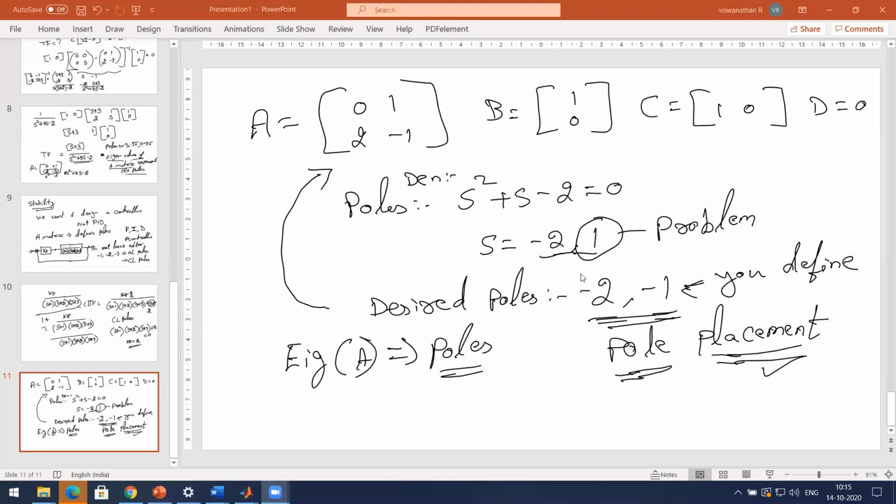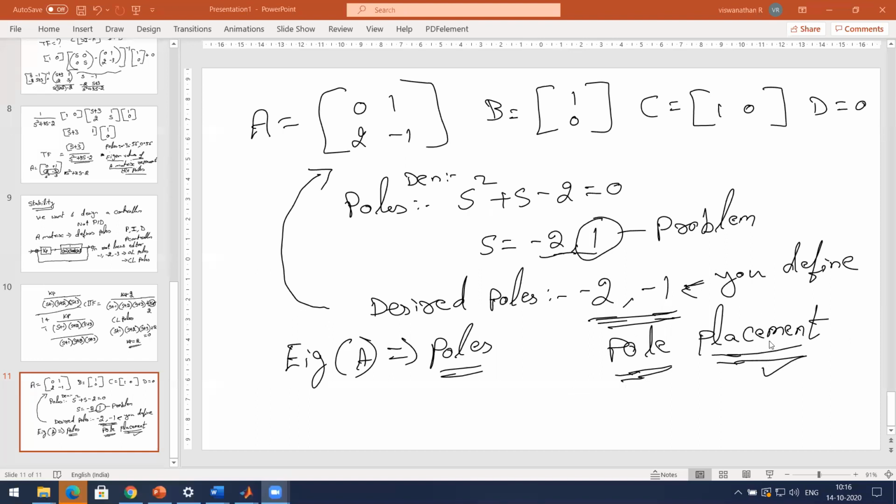So here what you do is, in this the poles are -2 comma 1. So 1 is a problem. Instead of 1 you want the desired poles to be -2 and -1. You define these desired poles, and to get this desired pole you modify this A matrix in such a way that you get the desired poles as -2 comma -1, and this method is called pole placement.